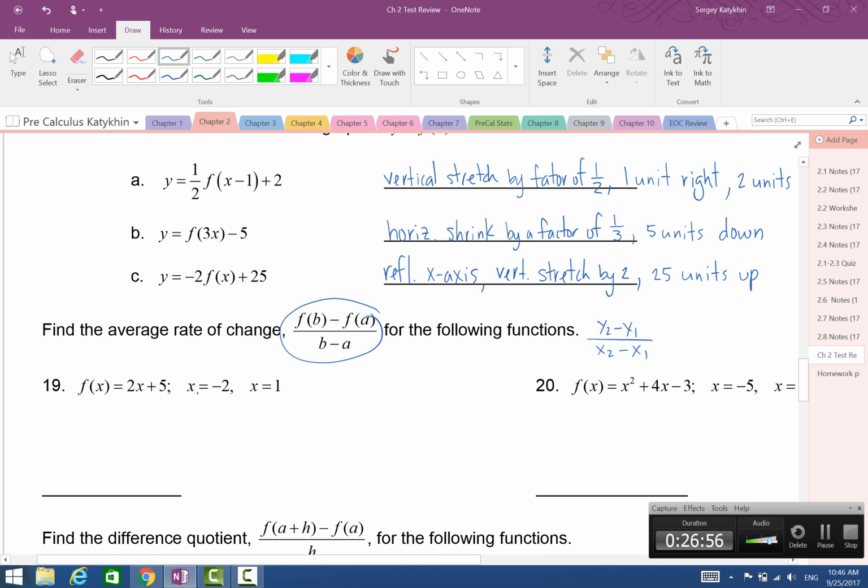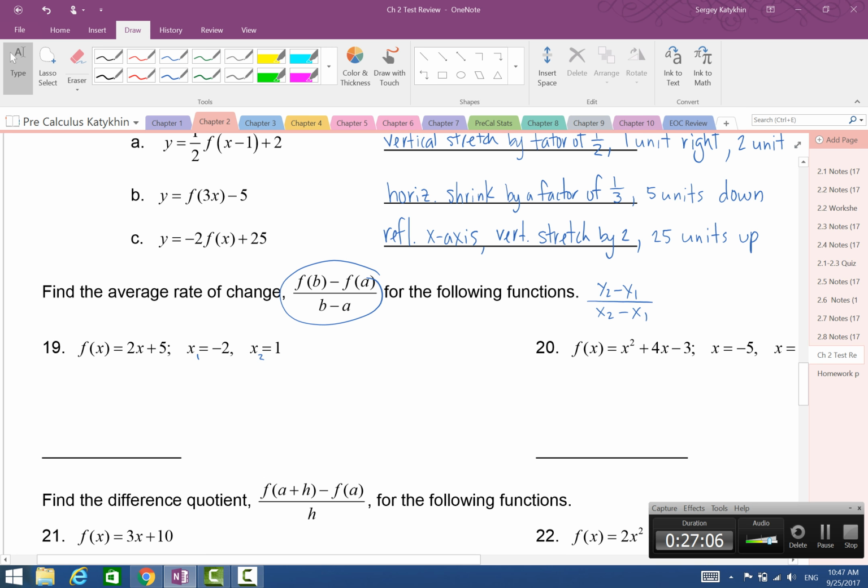So make this x1, make that x2. And to figure out your y's, all you have to do is plug in your x's. So if x is -2, when I plug in -2 into here, I get 2 times -2, which is -4, plus 5 would be +1.